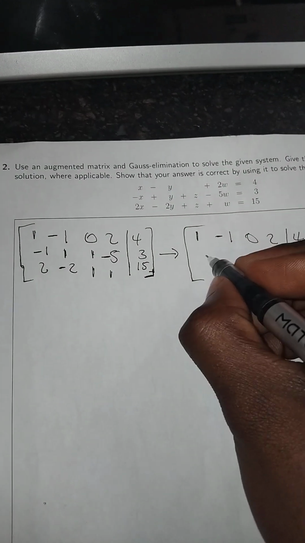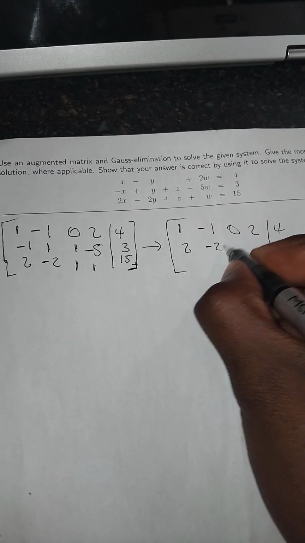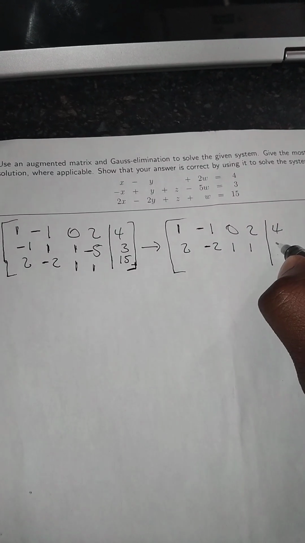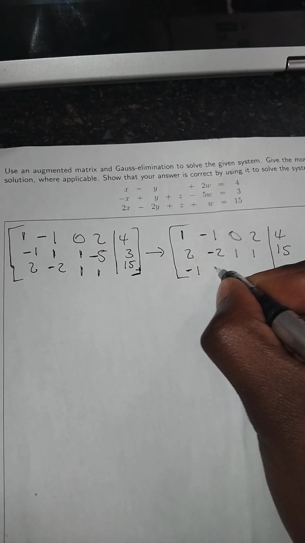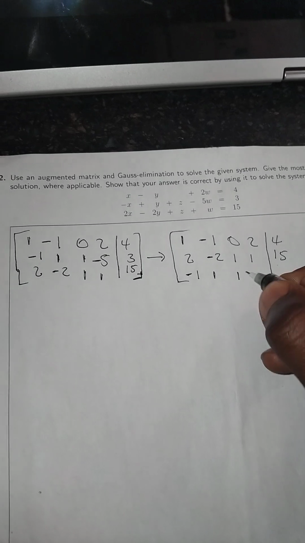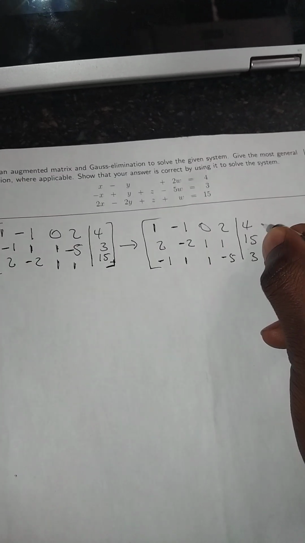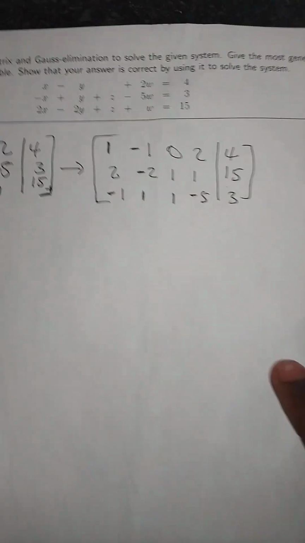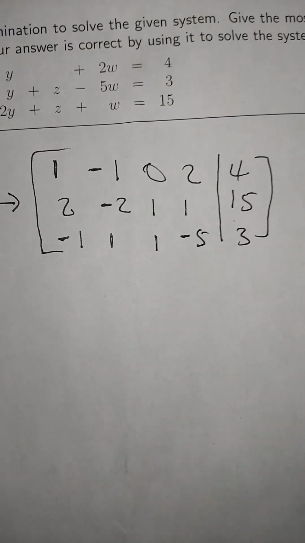Then exchanging row 2 and row 3, I get 2, minus 2, 1, 1, 15, then minus 1, 1, 1, minus 5, 3. Now on this augmented matrix, I can start applying operations.